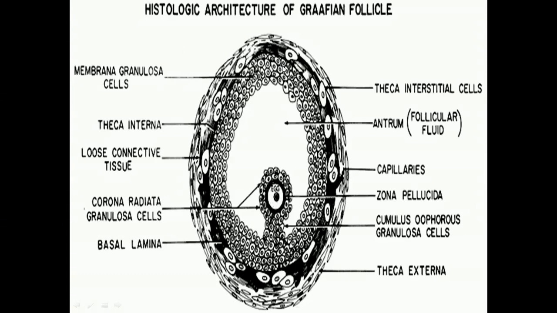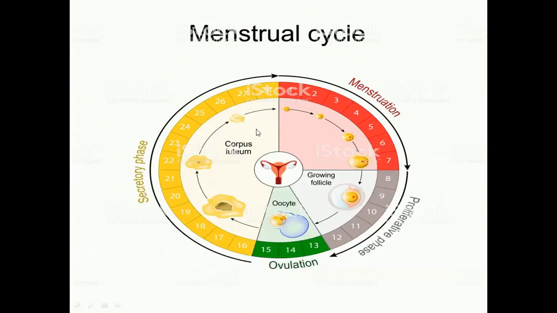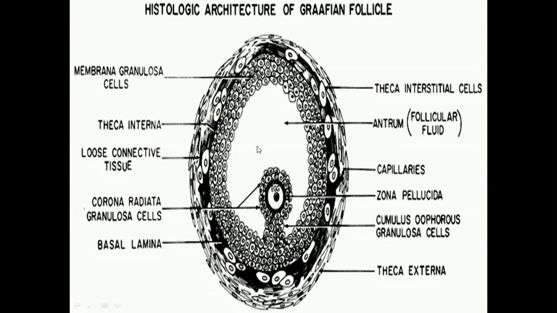Theca interna mainly helps in producing estrogen that helps in the development of the egg to its fullest. And it also has a big antrum called the follicular antrum, which is filled with fluid to nourish the ovum. So next we are going to talk about another cycle called the menstrual cycle.